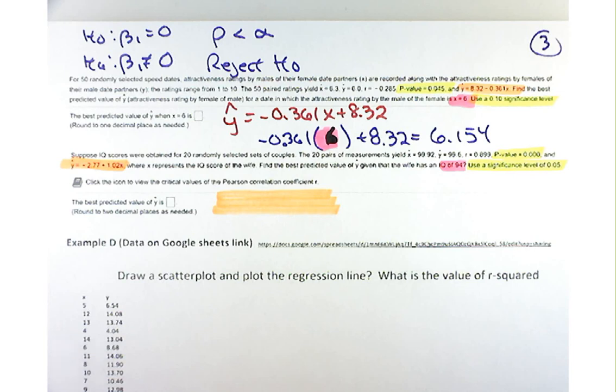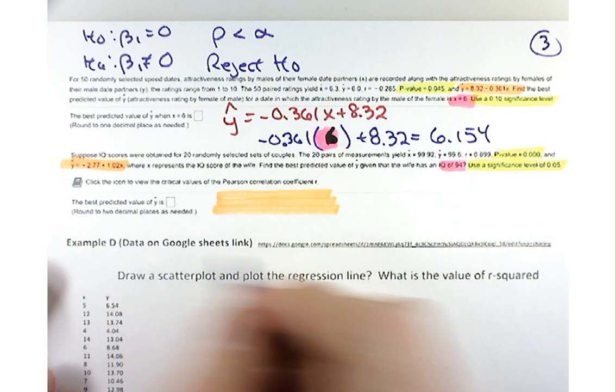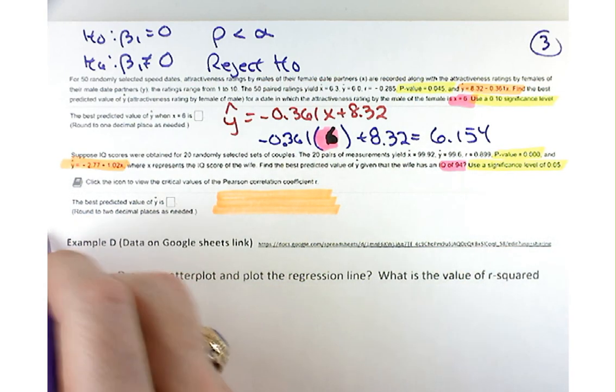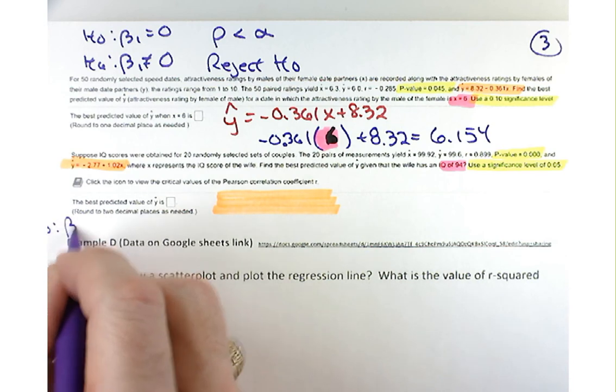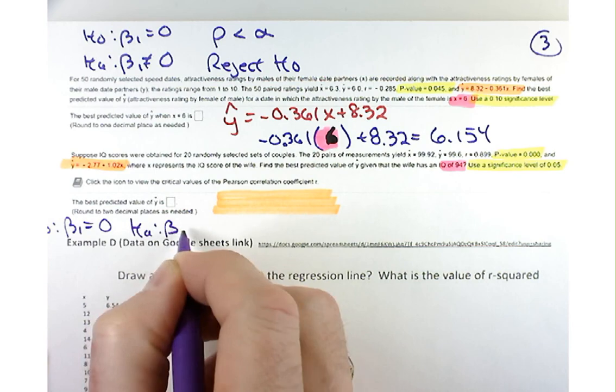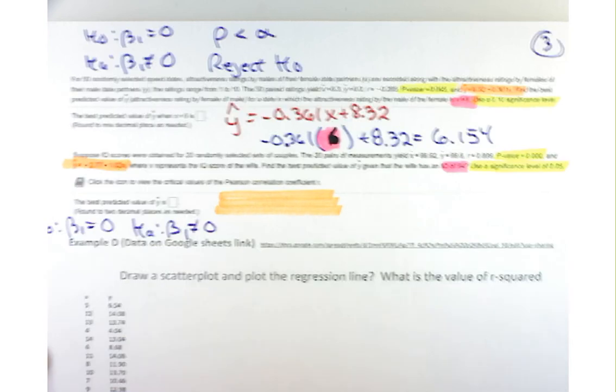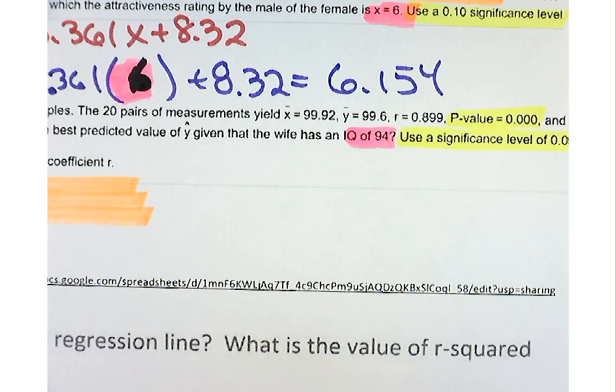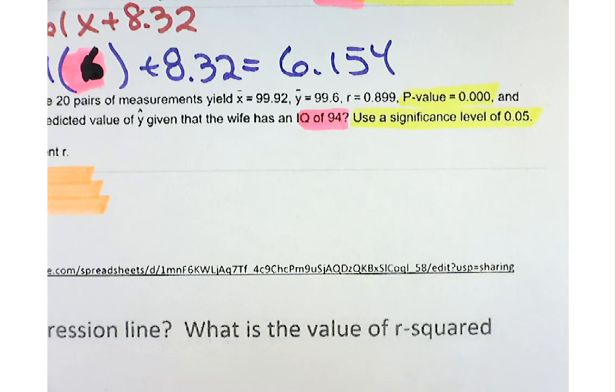So let's think first of all about our null and alternative hypothesis. H naught such that beta 1 equals 0. HA, beta 1 is not equal to 0. What's our decision here going to be? James, what do you decide based on the information in the problem?